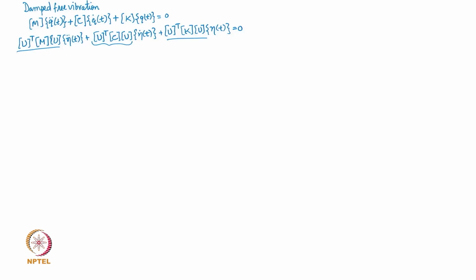And so, there are two ways of getting around this issue. One is to assume that there is a decoupling and the diagonal terms are represented.